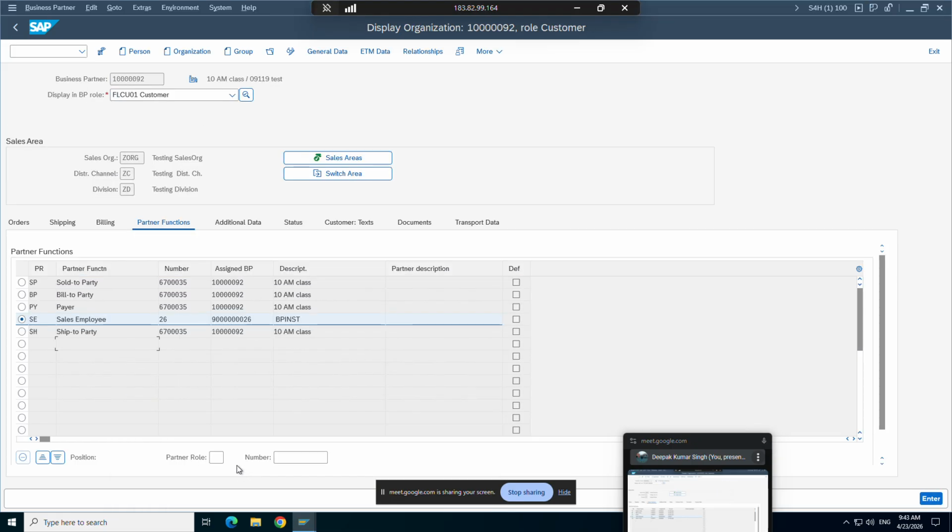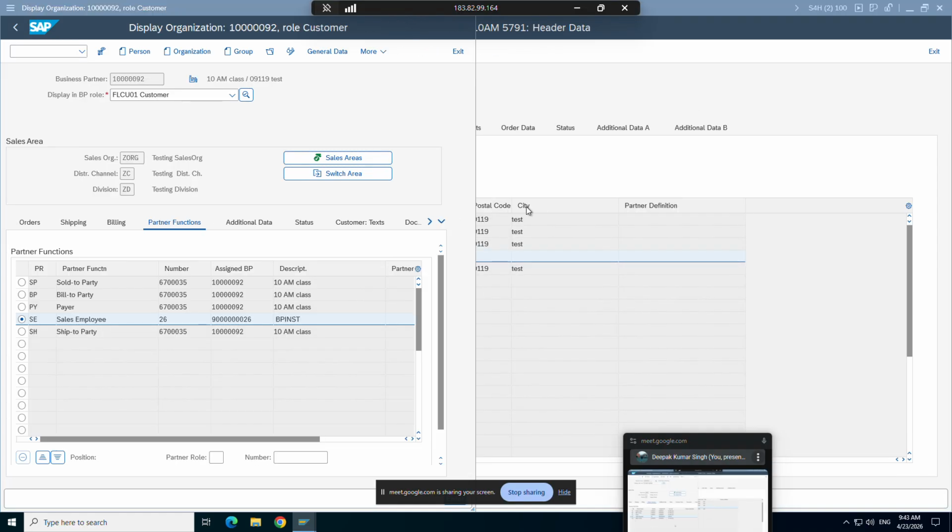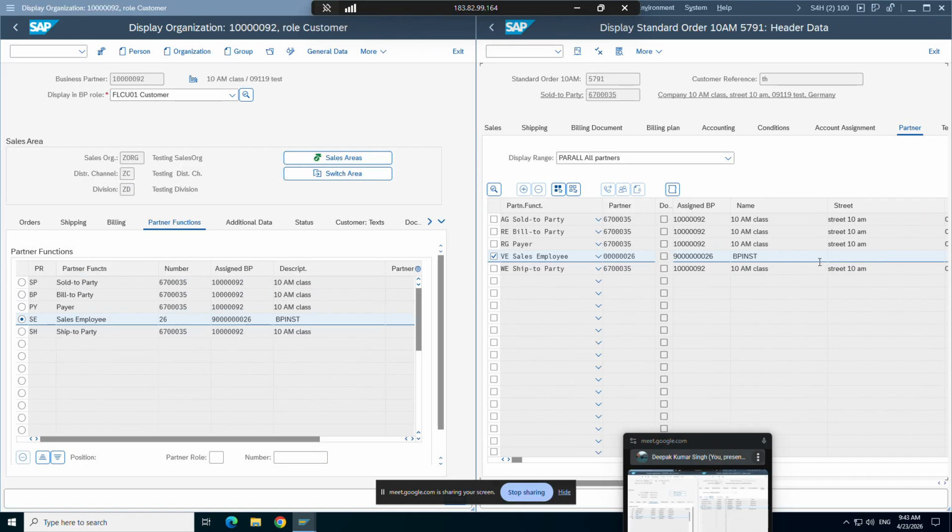And also, I don't know whether you noticed this or not. Let me open side by side. Now you see, this is your partner function in the customer master. What is the partner function for sold to party in the customer master? This is the customer master, right?